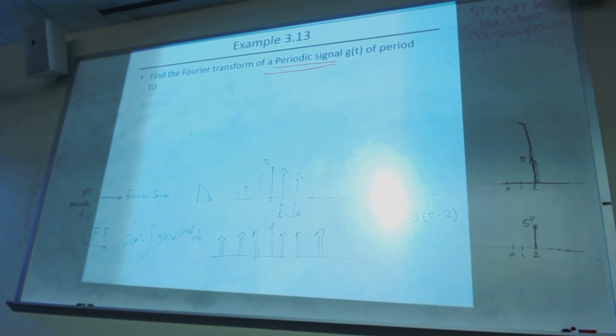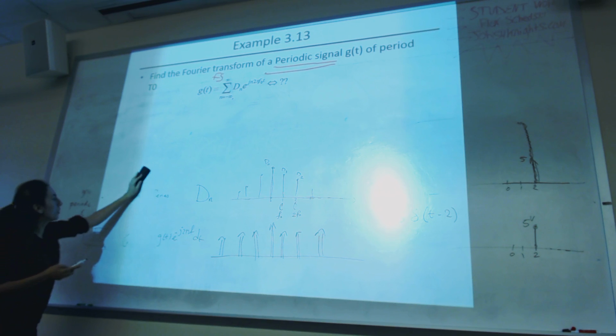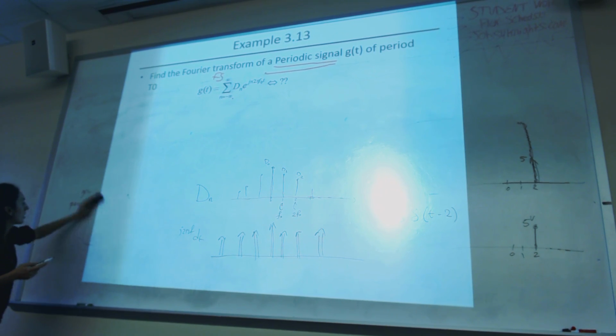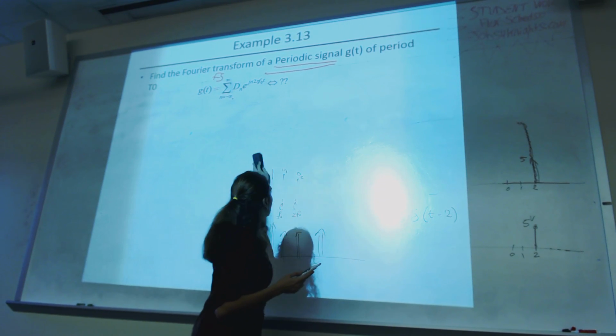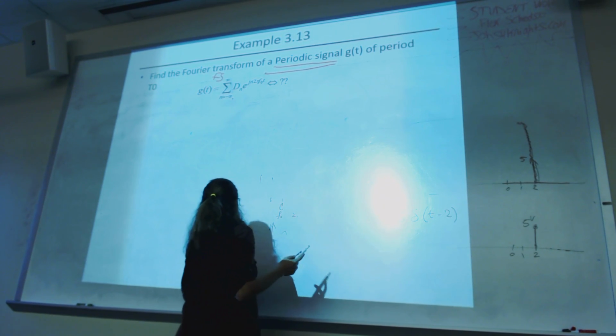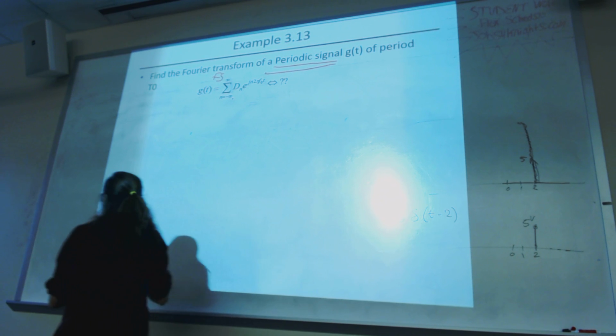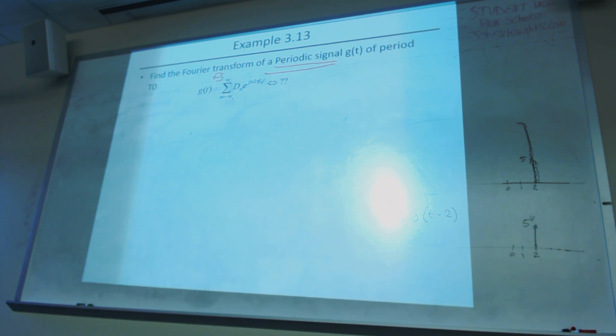Okay, so now let's start this. My g of t again is periodic. I know I have a Fourier series for that. The Fourier series says I can write g of t as the summation of Dn e to the power of j 2 pi n f naught t. Now let's do the Fourier transform based on the formula that we have. So this is g of t.